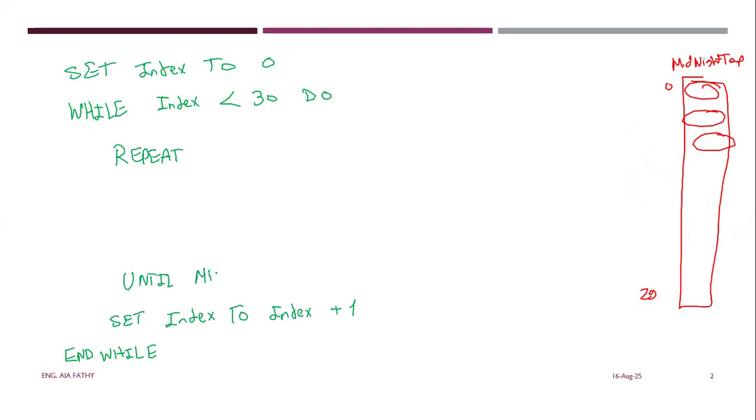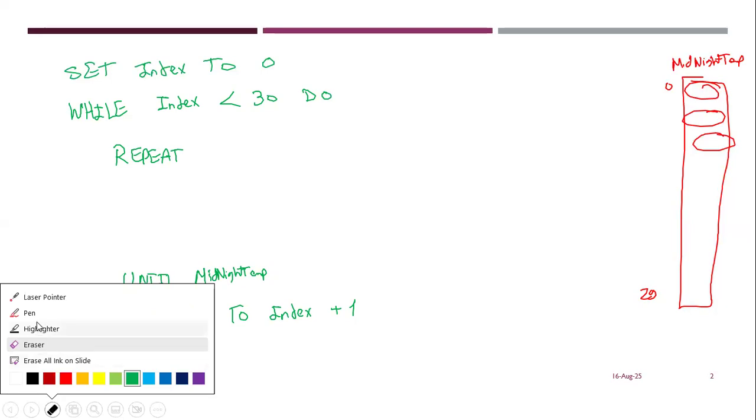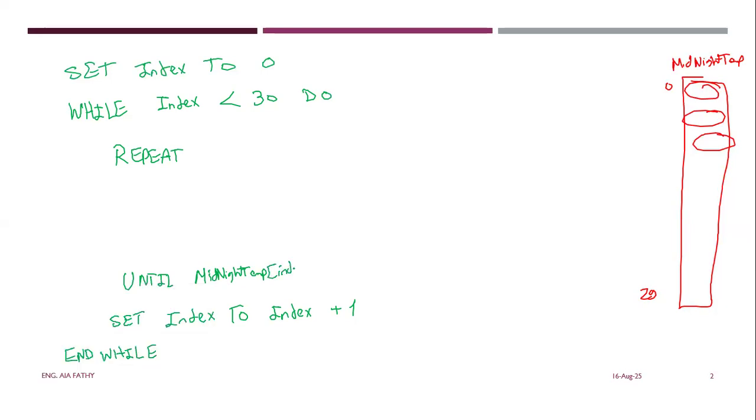So we will say that midnight temp of index, because it is an array, more than 0. The first midnight, the second midnight, the third midnight, so we have an index, number 0, number 1, number 2, up to 29, more than 0, and midnight temp index less than 50, for example.